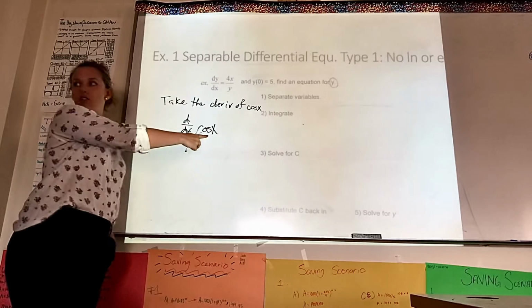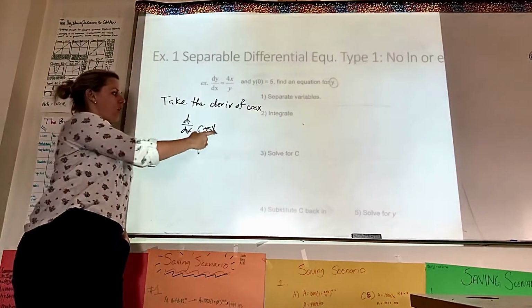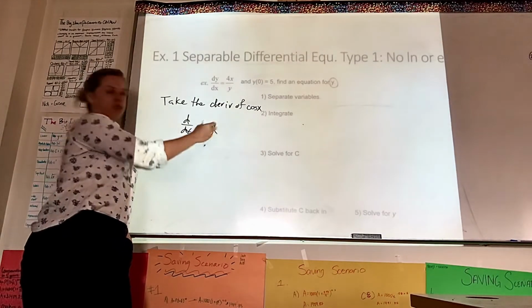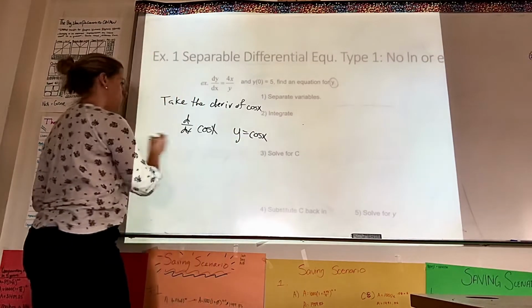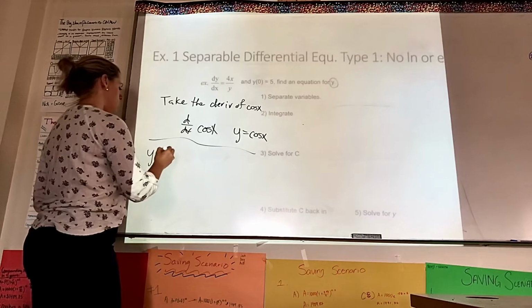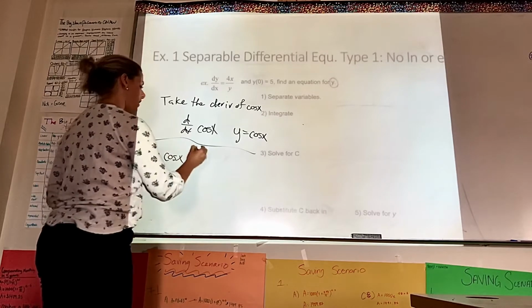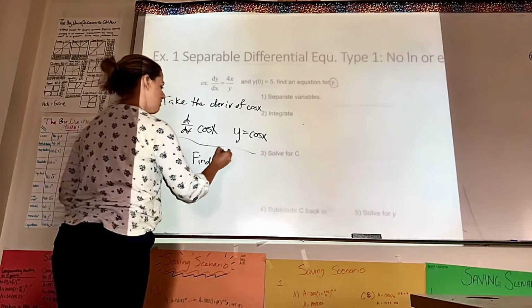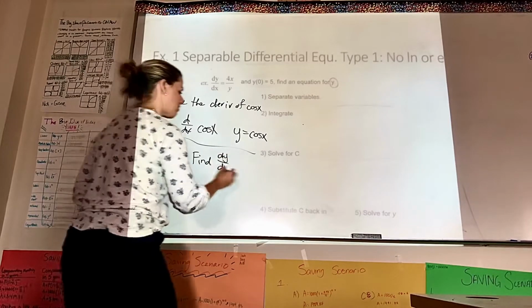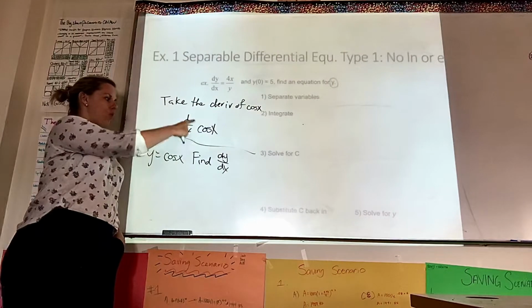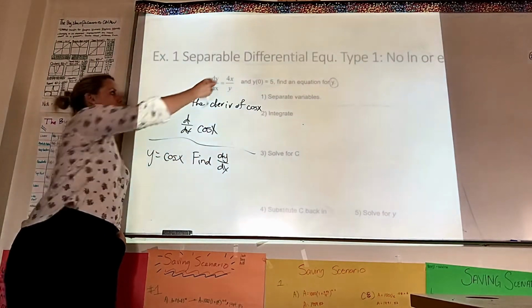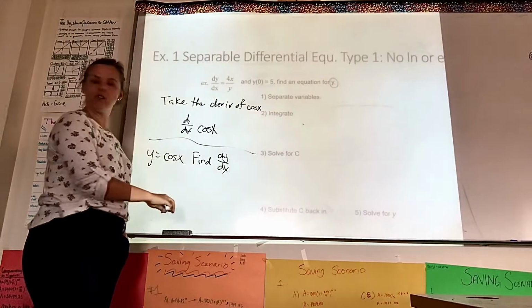If the y is cosine x, it's kind of like y equals cosine x, find dy dx. So if there's a function here, there's no y, but if there's no function here, then there is a y.